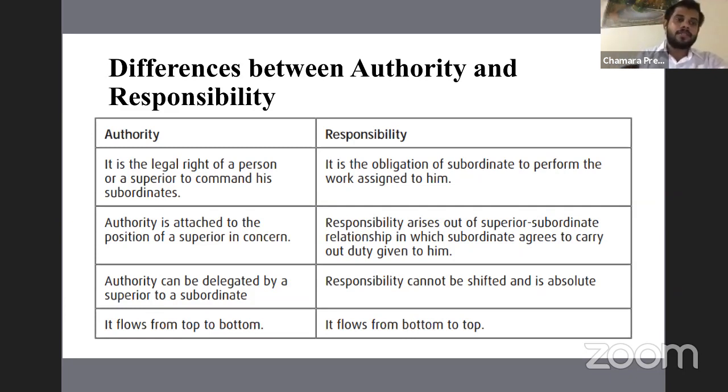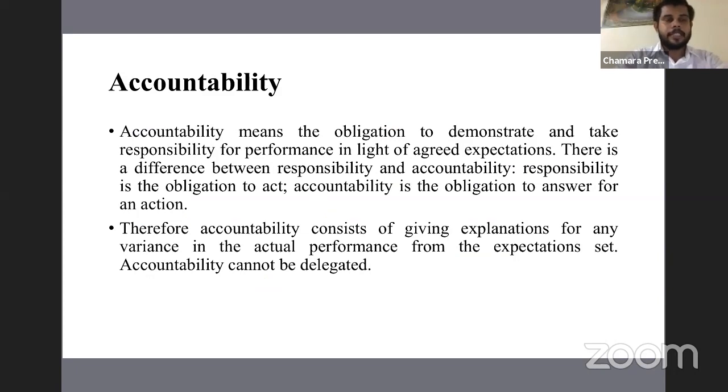That means I'm reporting to the next level, the top level. So that's why we say it flows from bottom to top, right? Yes, bottom to top here. And then we talk about accountability.